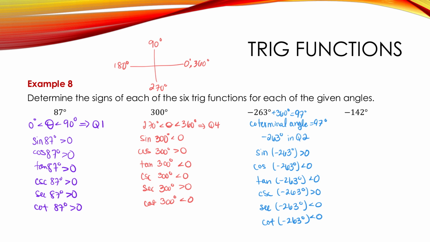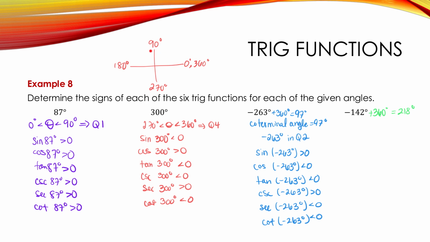So let's try it. Let's add our 360 to find our coterminal angle, and we end up with 218 degrees. Well, 218 is going to be more than 90, more than 180, but less than 270. So this is going to end up somewhere here in quadrant 3.